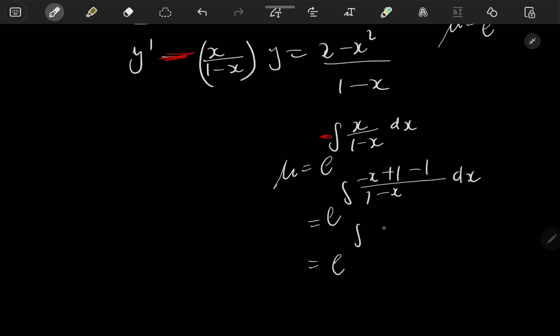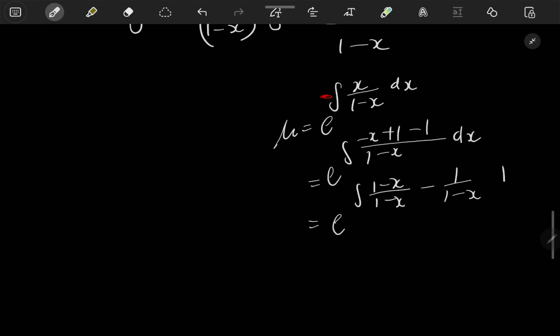So it's the integral of 1 minus x over 1 minus x, and the next one would be minus 1 over 1 minus x dx. Then it becomes an easy integral now because this is just 1. This thing is why you get your ln, if I'm not mistaken. So my answer is going to be e to the ln of that one.